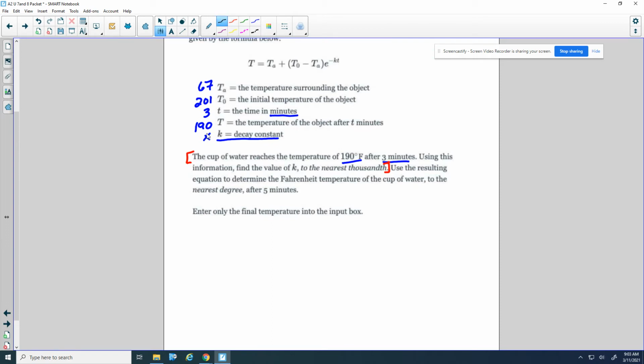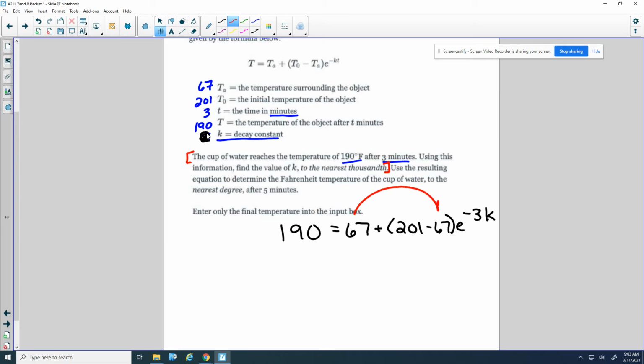So plugging in, I have 190 for the T by itself. I have 67 here. And we're looking for k, but we know t is 3, so I'm going to write -3. I'm just going to use a k here, not an x. Now, this looks at first glance like, why do we have these two 67s here?